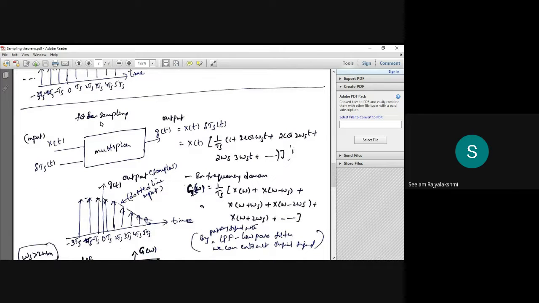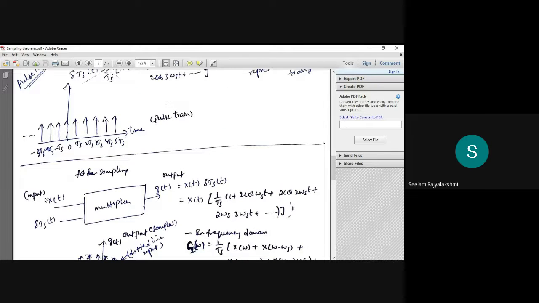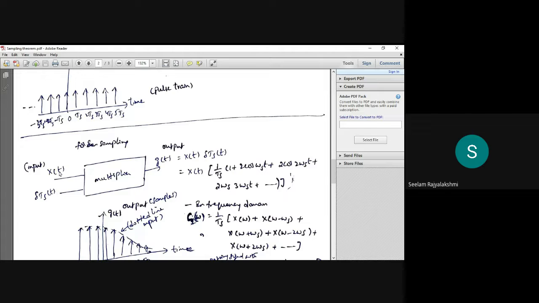So for sampling, we are using a multiplier, multiplying the input signals x of t with delta Ts of t, which is the pulse train. So this is the actual original signal, the message signal, and we will obtain the output g of t equals x of t delta Ts of t.